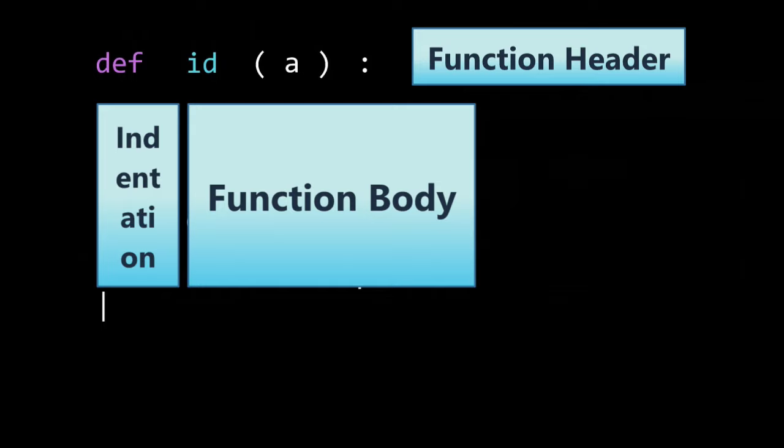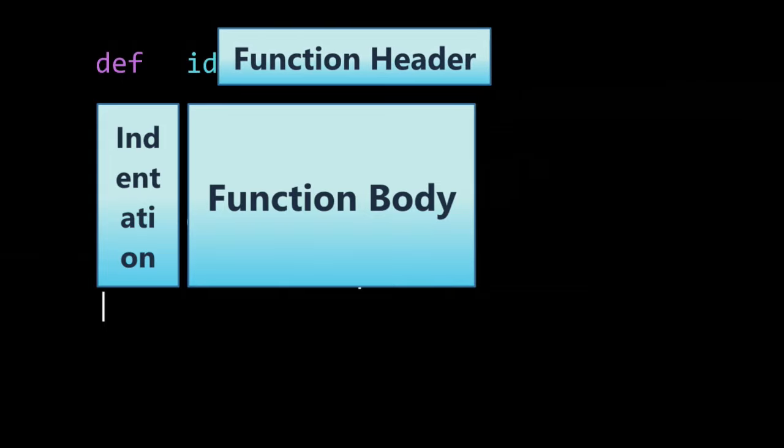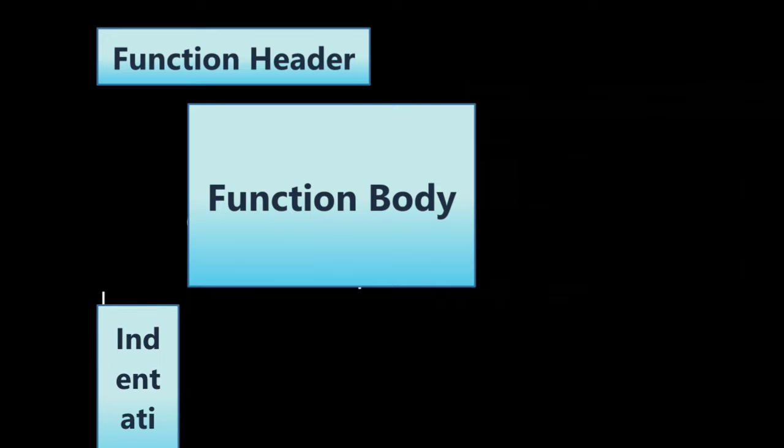But there should be a parenthesis followed by a colon. Then indentation, it is the 4 white spaces that is kept on each line. As long as there are 4 white spaces, you are in the function.